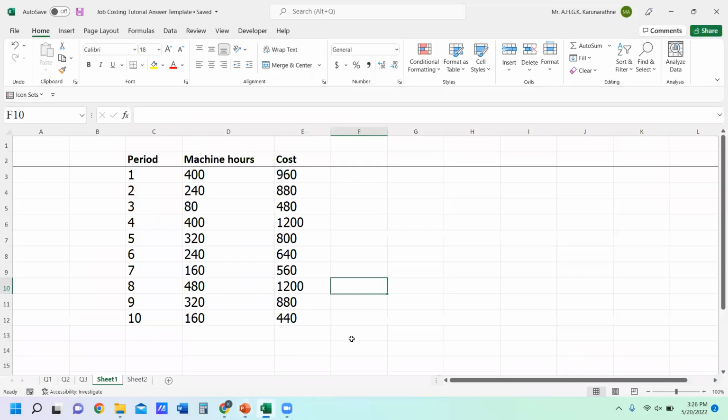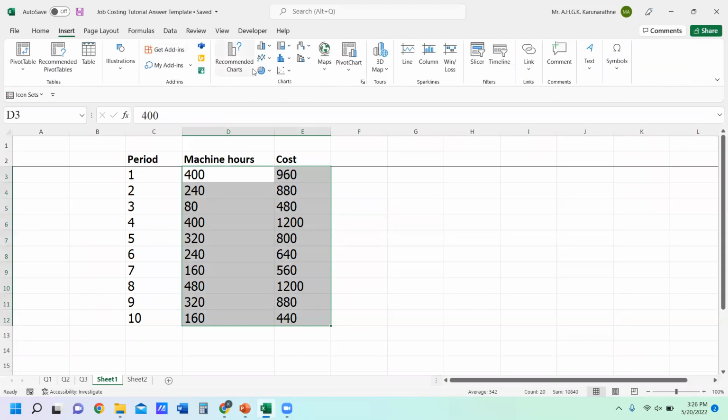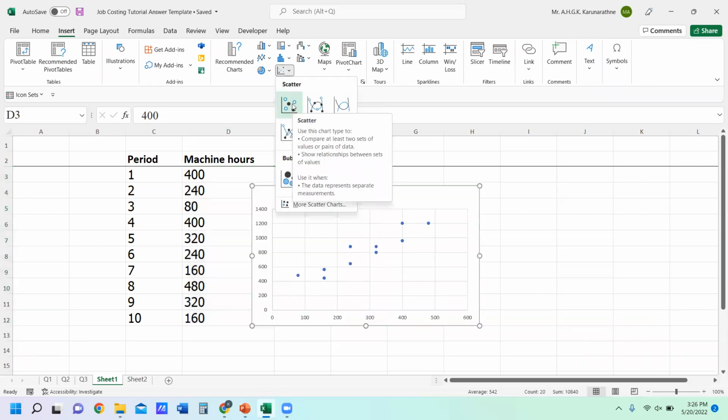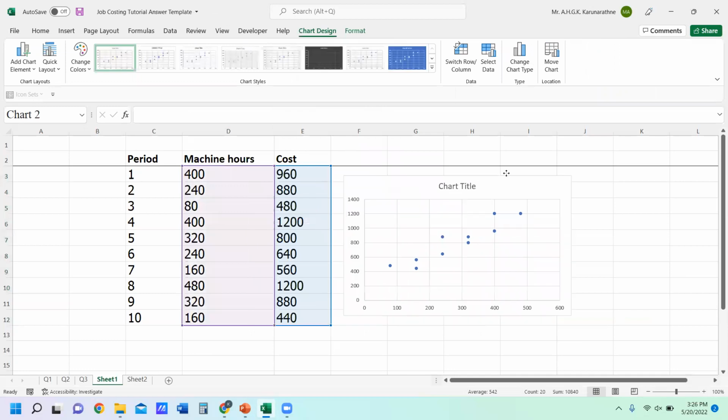Let's see how it is done. Using Excel, you can easily do this task. Take these previous observations, go to Insert, go to Charts, and choose the scatter diagram. I prefer this diagram, so I just click on this.